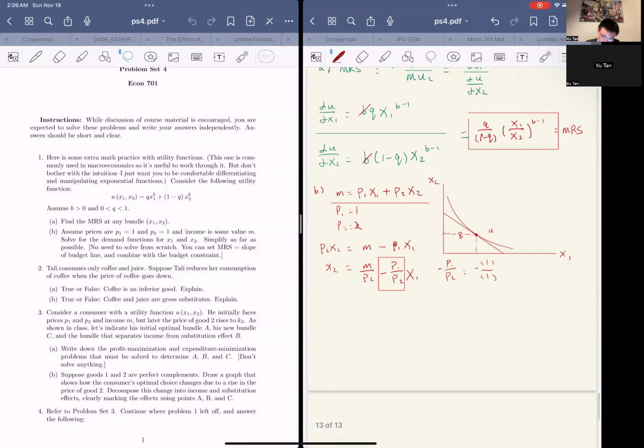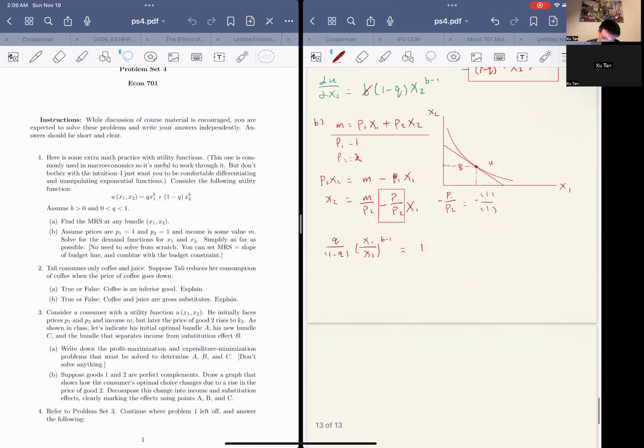The MRS and the slope of the budget are both negative, so we can cancel the negatives and set them equal. We have q over 1 minus q times x1 over x2 to the b minus 1; let's move this to the other side. We have x1 over x2 to the b minus 1 equals 1 minus q over q.